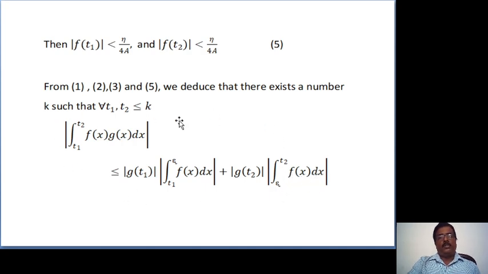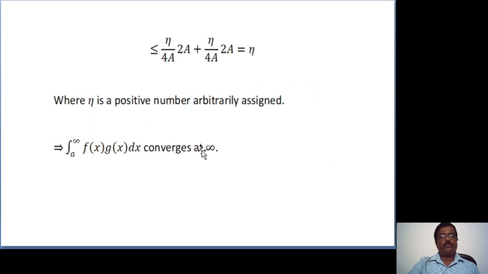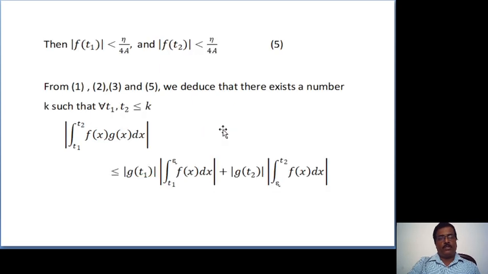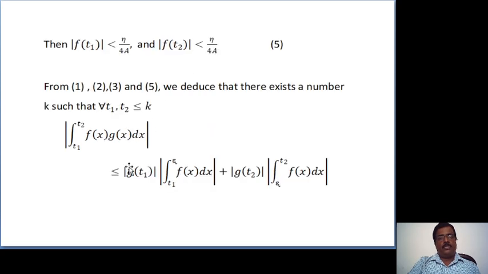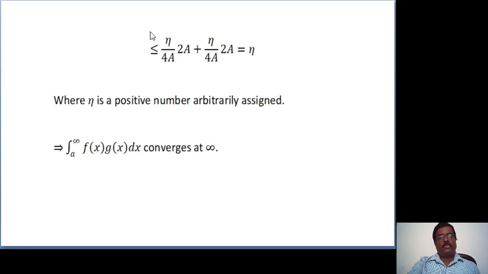This is by the second mean value theorem. Which is less than or equal to eta by 4A into 2A plus eta by 4A into 2A, because g of t1 is bounded and less than eta by 4A, and g of t2 is also bounded and less than eta by 4A, and the integrals are each less than or equal to 2A. So by substituting those here, we get this is equal to eta.